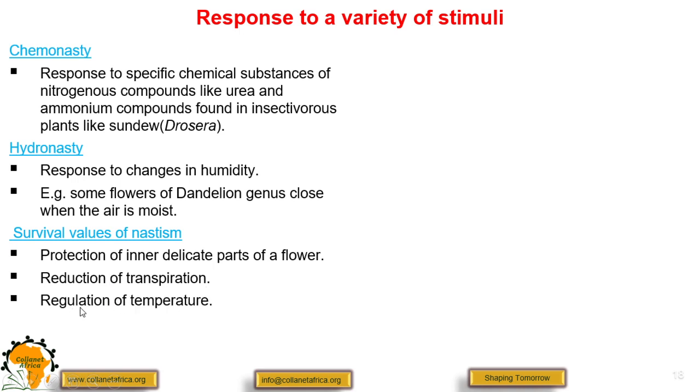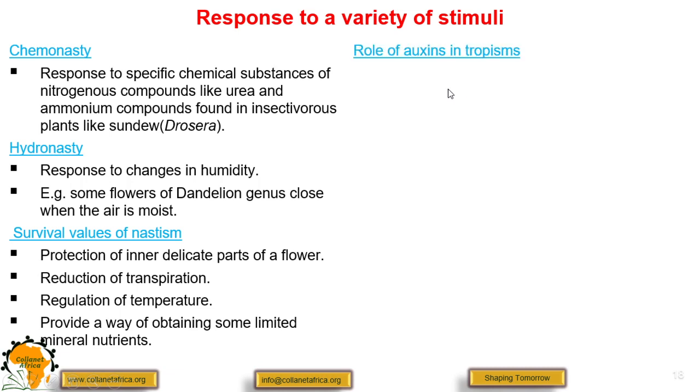It is also important in temperature control, and it provides a way of obtaining some limited mineral nutrients, as seen in Venus flytrap, which digests an insect because it grows in a place where there is little nitrogen.